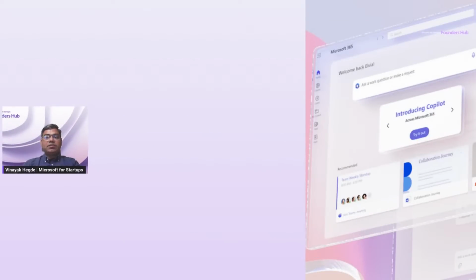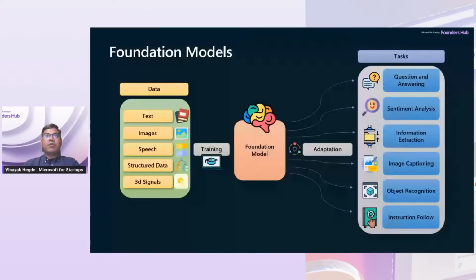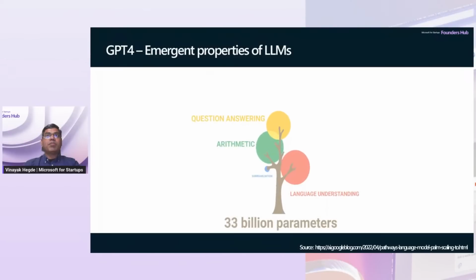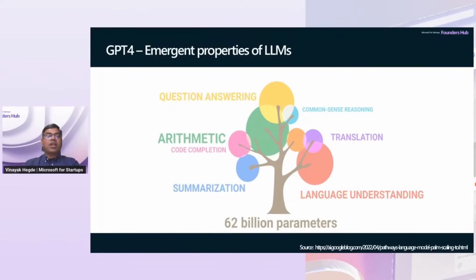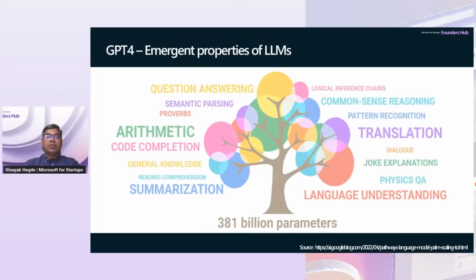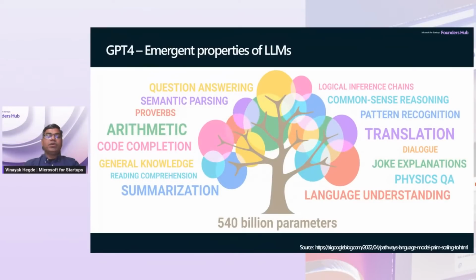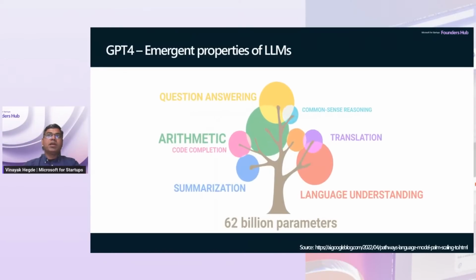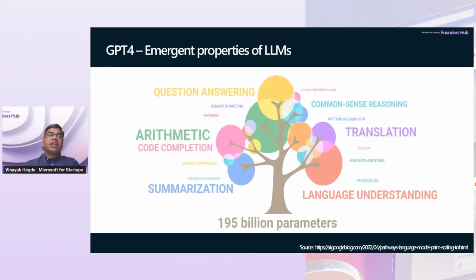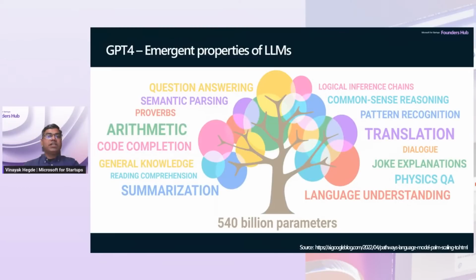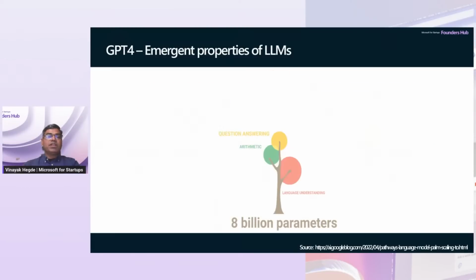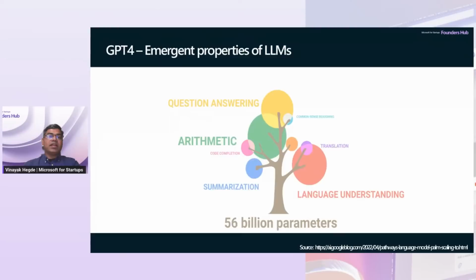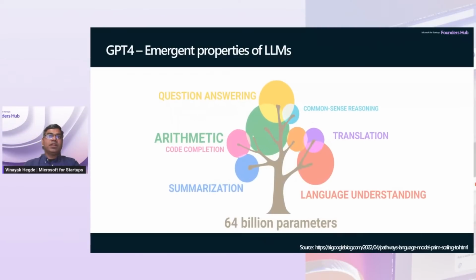Again, as I go on to the next slide, I want to reference the emergent properties of LLMs, right? So what happened was very interesting. When you train the model, at a certain point, the model becomes more and more capable, not in direct proportion to the number of parameters it has, but it not only becomes better at question answering, it also gets better at arithmetic.